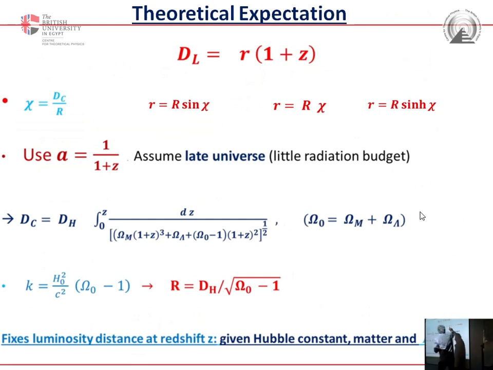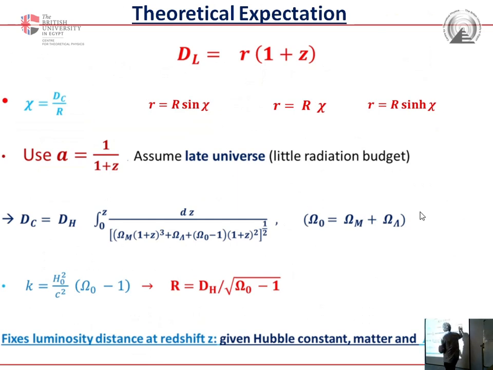If we're flat, then R is simply R chi. If we are positively curved, the FRW coordinate is like that, as we did yesterday. If it's negatively curved, then it's a sinh. If it's hyperbolic, okay? Like we said, this is like a triangle with more than 180 degrees, this is a triangle with less than 180, and this is 180.